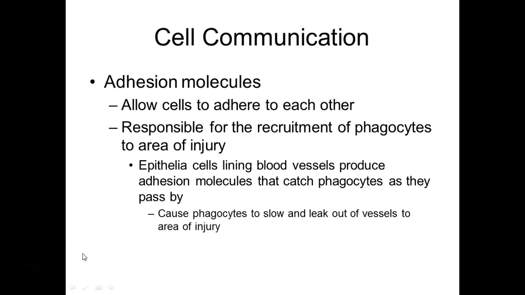So adhesion molecules, as I said, we've already seen these in action. These allow the cells to literally adhere, attach. These are receptors on their surface. This is so those phagocytic cells, neutrophils, more macrophages can head into that area when we have inflammation.